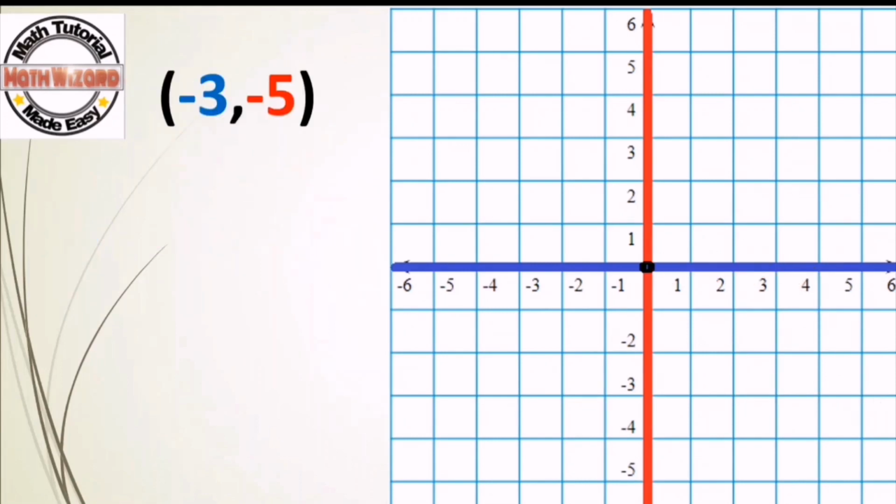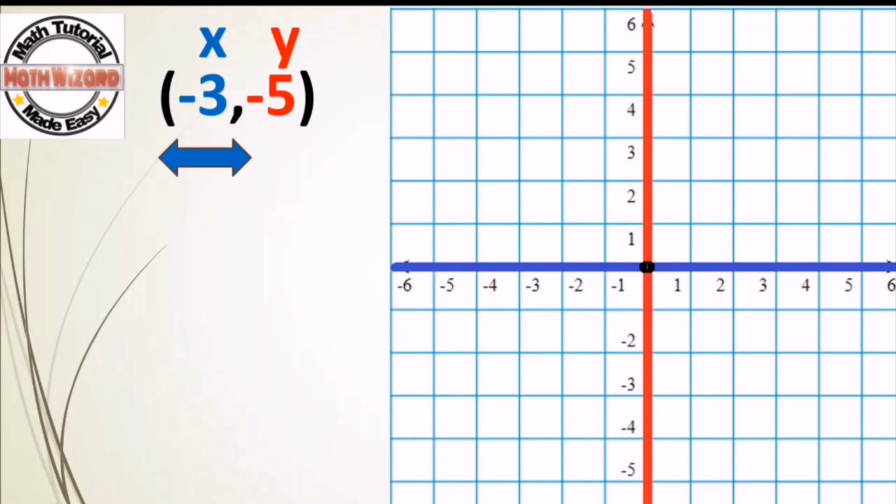Now, let us proceed with our next example. Since the values are -3 and -5, it is possible that it is on the third quadrant. Let us see. First of all, we identify the value of x and the value of y.